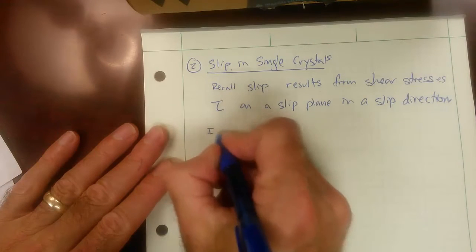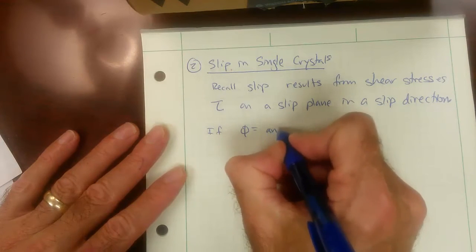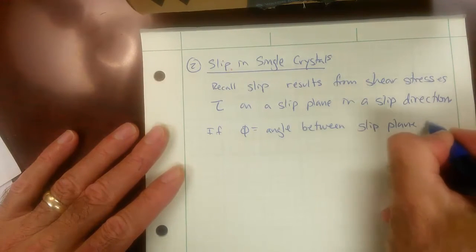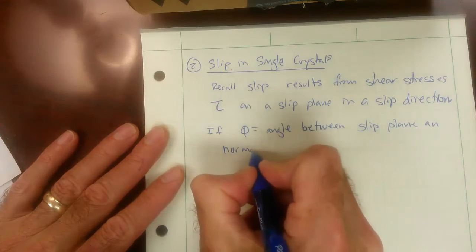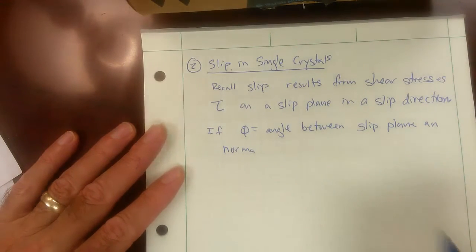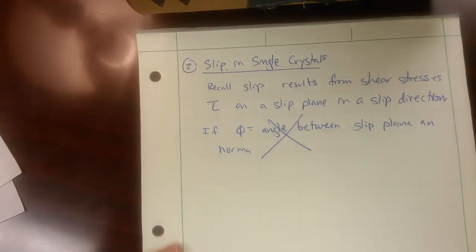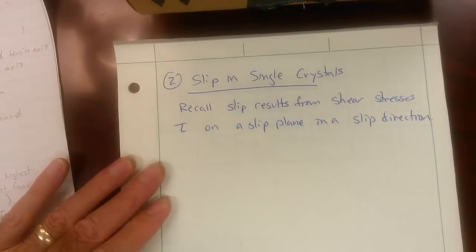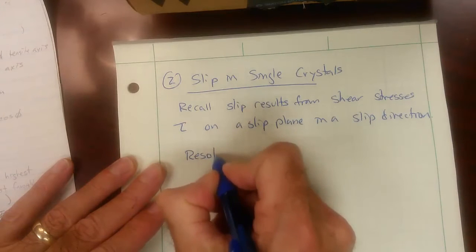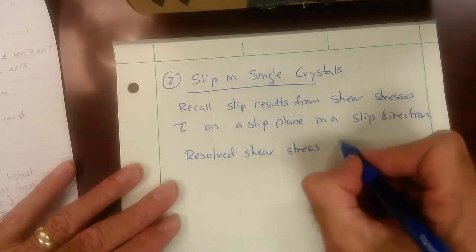So if phi is the angle between the normal to the slip plane and the tensile axis, then if we're trying to figure out what the stress is on that plane, we're trying to find the resolved shear stress for a particular slip system.